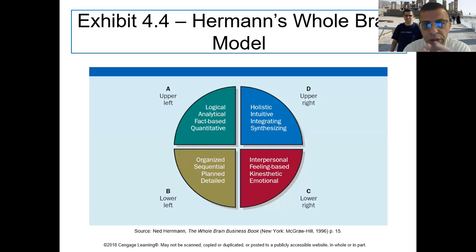Just take a look at this and how it gets divided: A, the upper left, the upper right, the lower left, and the lower right, which are A, B, C, D, and each one is based on Herrmann's whole brain model.